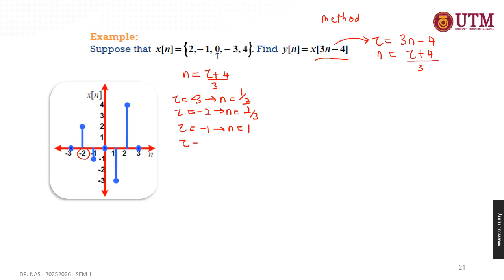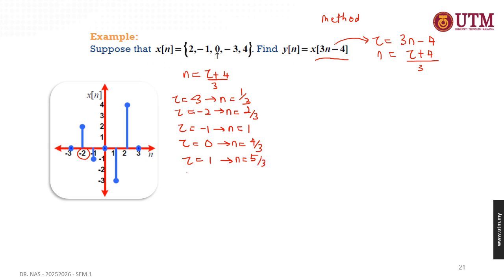Okay, tau equal to 0, so your n equal to 4 over 3. And then tau equal to 1, n equal to 5 over 3.